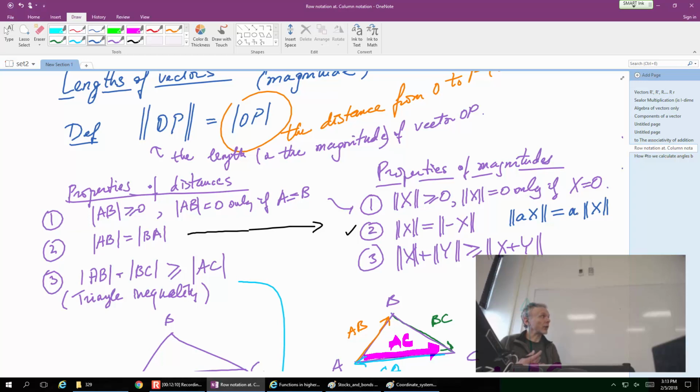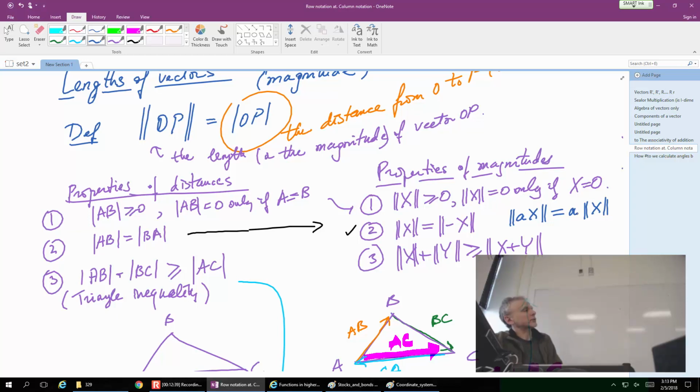So yes, we stretched or shrunk vector x by a factor of a, and then it is quite clear what's happening to the magnitude. It is increased or decreased proportionally by that number. There's a little problem here about a. It could be 0.